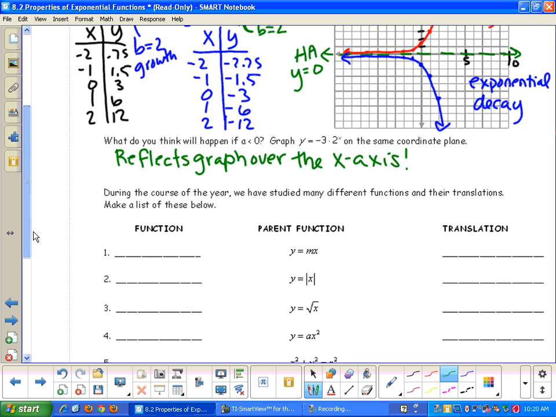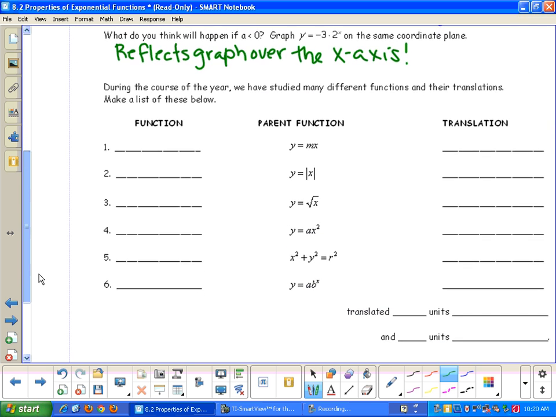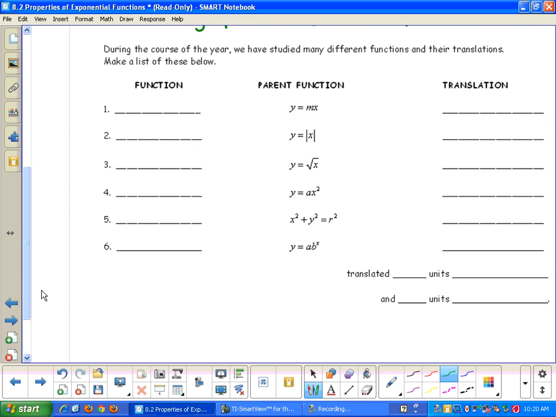So let's talk about some stuff that we've done during the course of the year. We studied many different functions and their translation. So remember, if we have y equals mx plus b, this was a linear function. And we didn't really do any translations with this. Instead, y equals mx plus b was really the translations, and that's what we graphed.